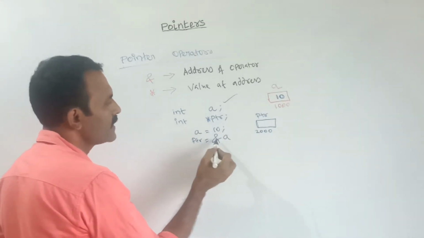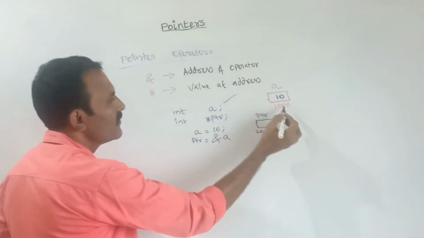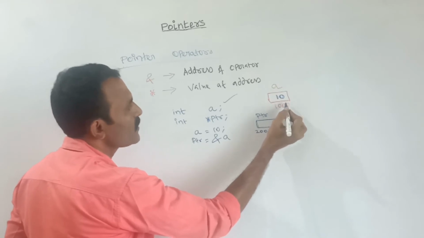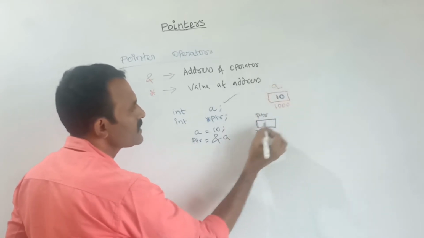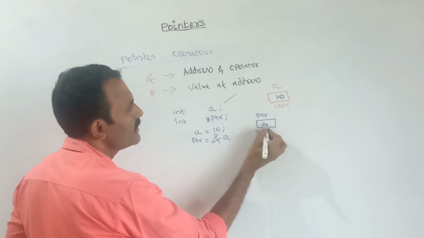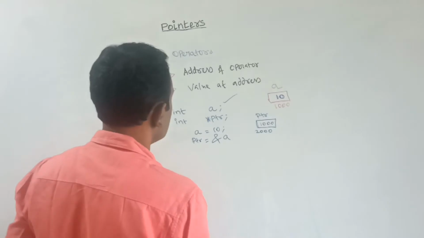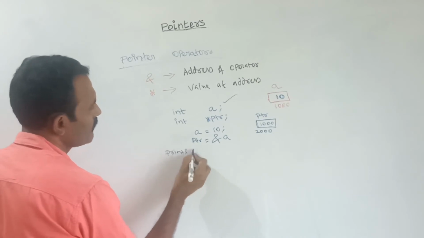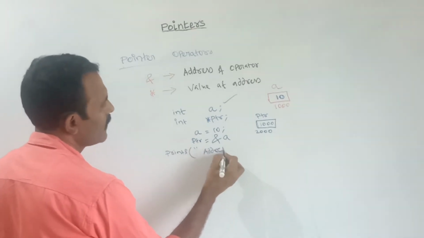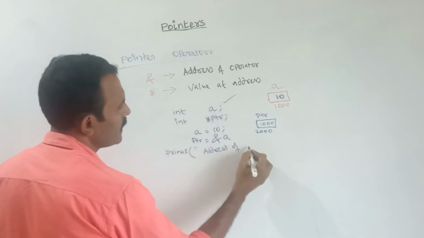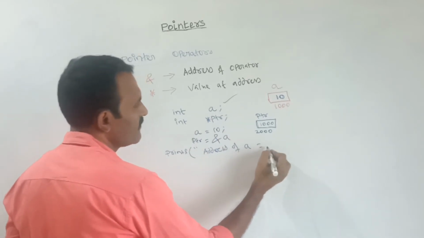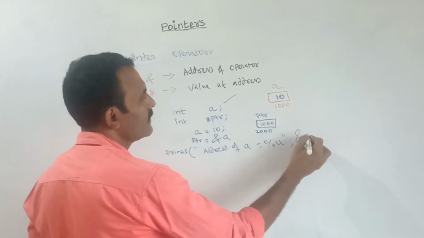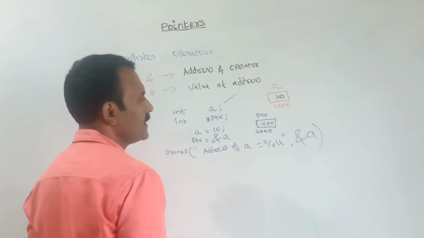Next, ptr is equal to address of a. So this address-of operator is used to store the address of the variable. So this 1000 will be stored in the pointer variable. See here, I am telling printf address of a is equal to percentage u, and directly we can give ampersand of a, that is, I am telling it to print the address of a.